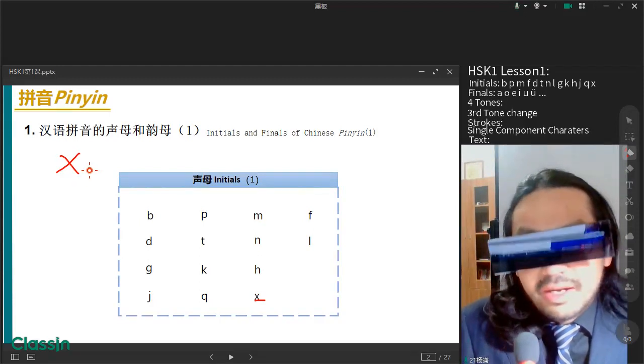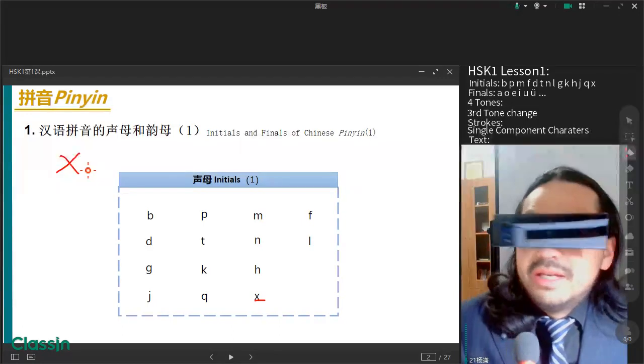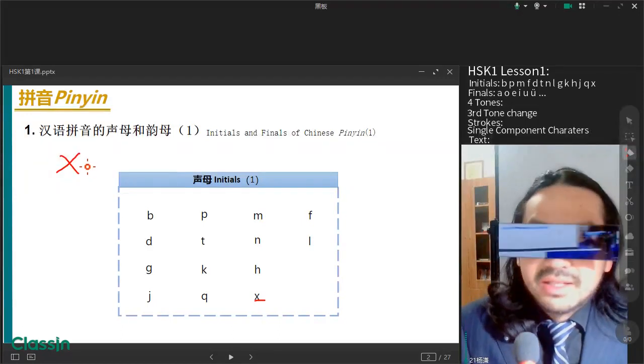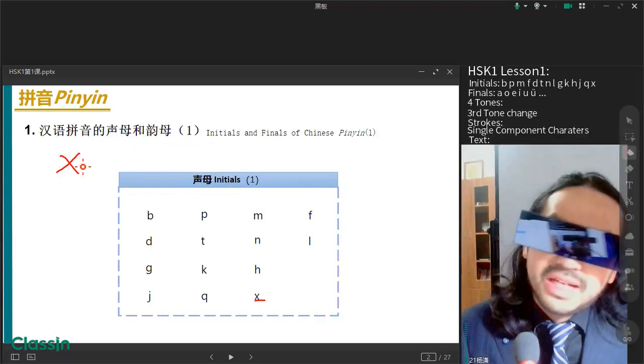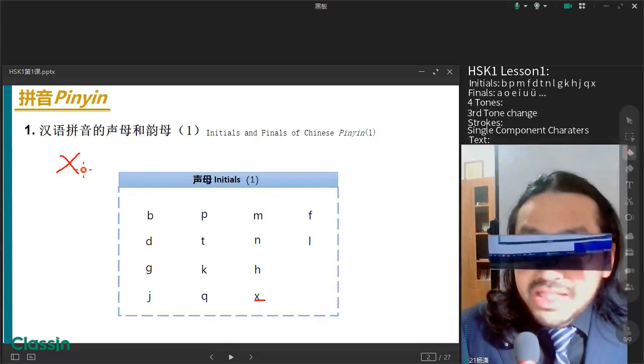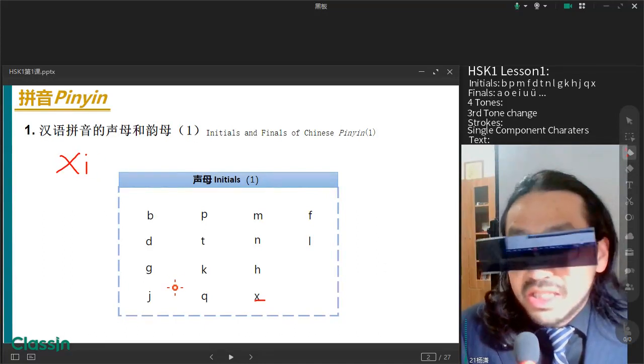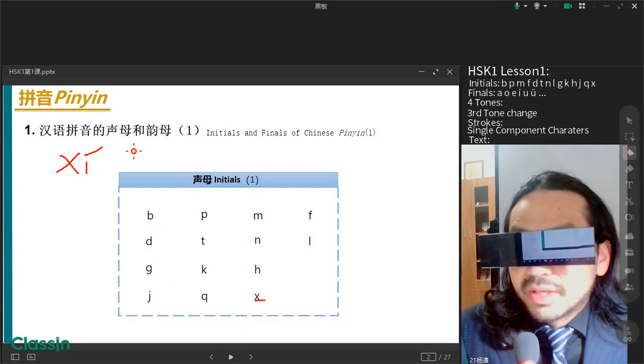Among the most common names that start with X, almost 95% might be Chinese. Xi, for example, you know President Xi. That's our current president.